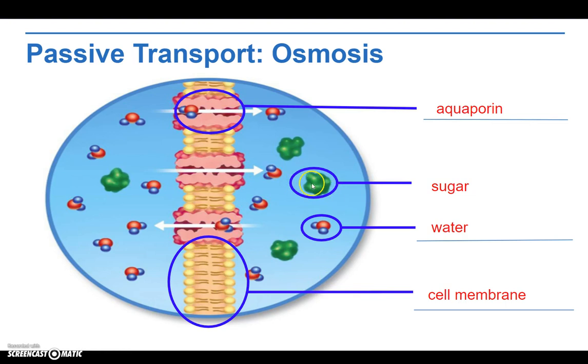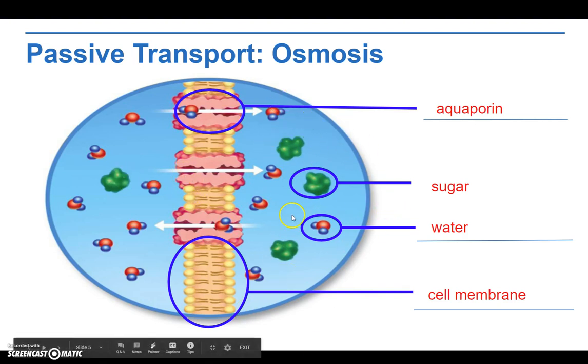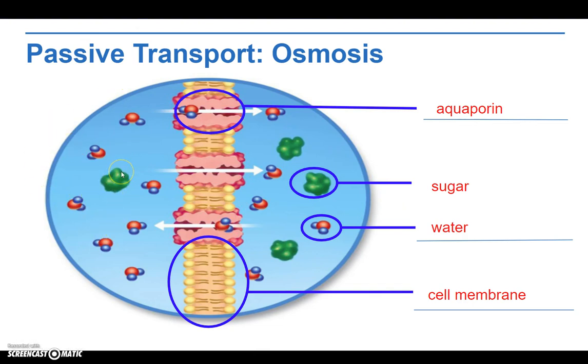And these big green things are sugar. Let's say this is the inside of the cell, and this is the outside of the cell. You look up here first and you notice that there is one molecule of sugar on one side, a whole lot, 3 molecules on the other. There is more water on the left and less water on the right.